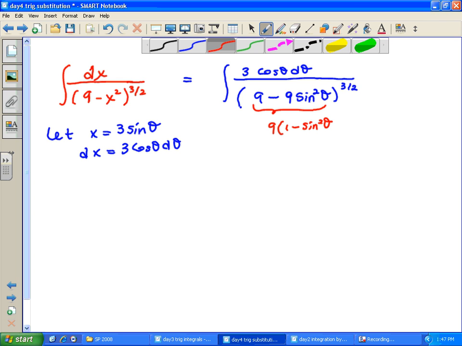And what do we know about 1 minus sine squared? Cosine squared. So first we factored out the 9, and then we're writing it as 9 times cosine squared theta.